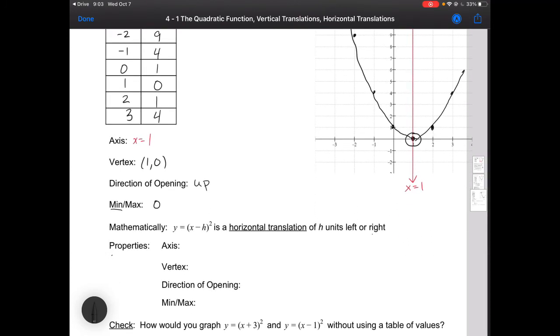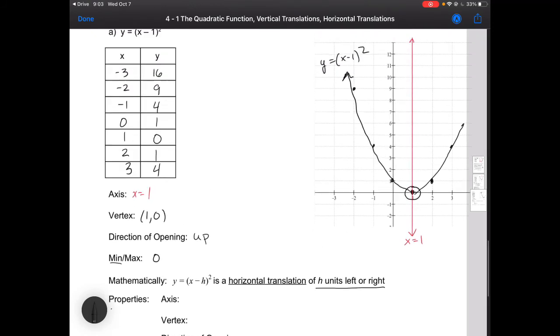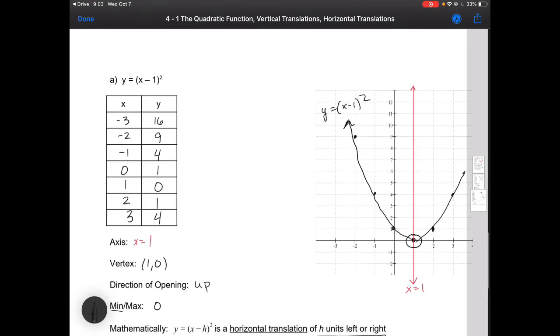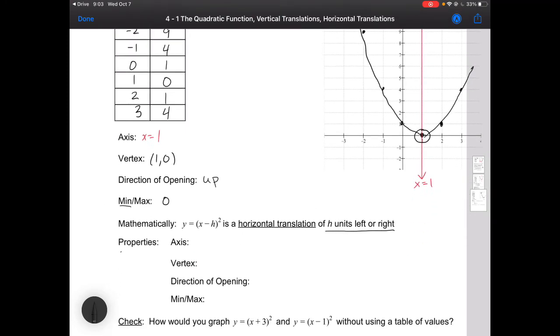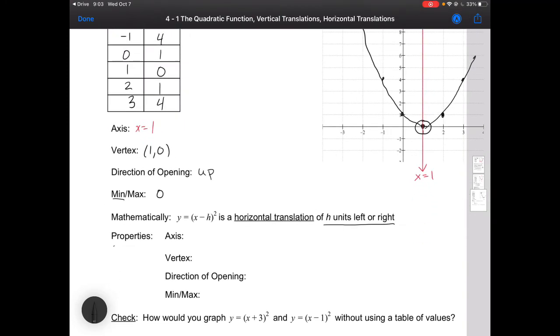And so what we have here is a horizontal translation of h units to the left or to the right. Now you should notice that in our example here we had x minus 1 and we shifted our base parabola to the right. So our axis of symmetry is going to be shifted h units, so left or right.